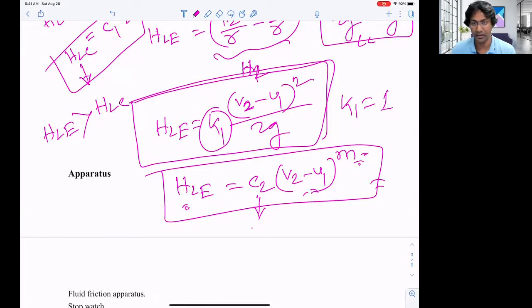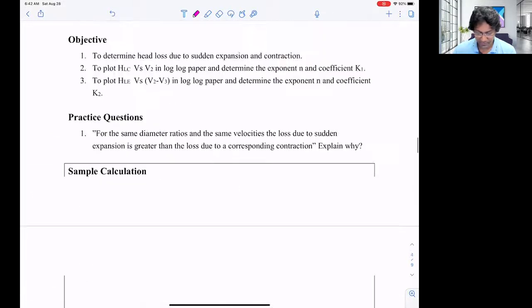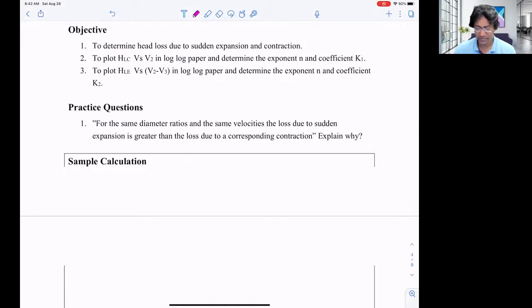Then we'll have the empirical, calibrated formula as well. So that is the objective: to calculate the head loss due to sudden contraction and sudden expansion, and then to calibrate these equations as well. So let me show you the objectives: to determine the head loss due to sudden expansion and contraction, and to plot and calculate those values.